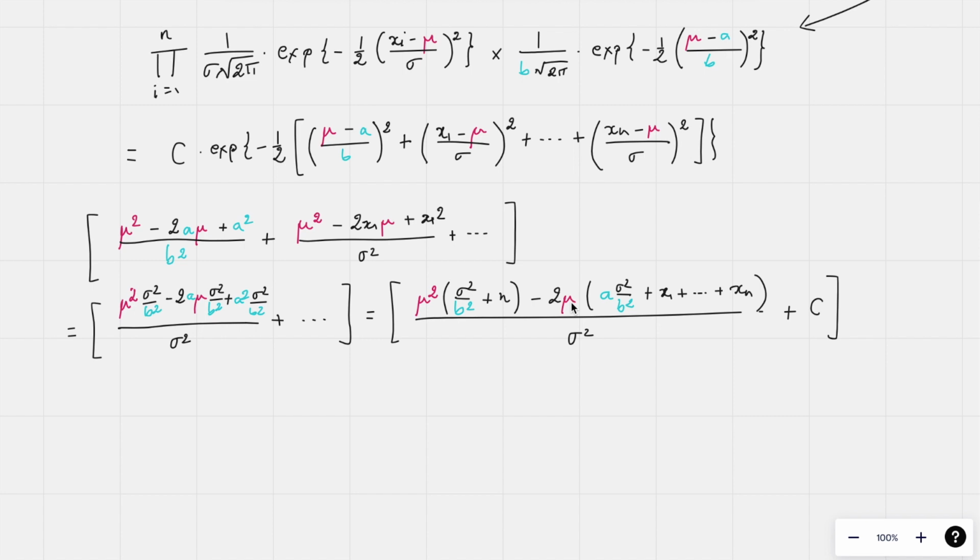This term here is not really relevant for me. It is there, so I still keep it as a constant, but it's not really important. So I just say that this is a constant here, and we're going to work with this. It's going to simplify the calculations a lot. So if you just go along with the idea that all the terms that do not depend on mu, we collect them together into a single value that we call C all the time.